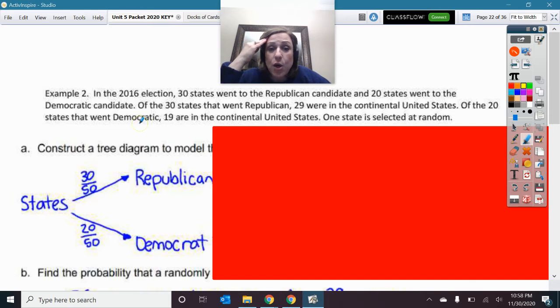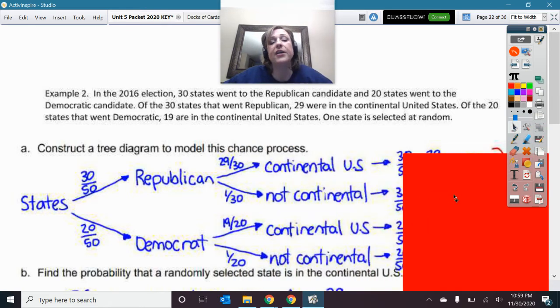All right. And you want to do that whenever you have a situation where, oh, well, if you're a Republican, then Republican state candidate, then there's this probability for this and this probability for that. But if you are a Democrat, then there's this probability for the continental US and this probability for the non-continental US or whatever.